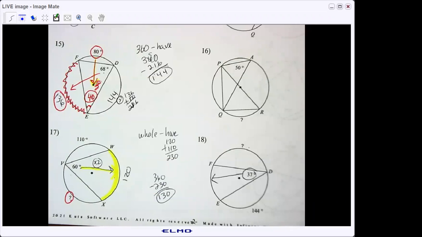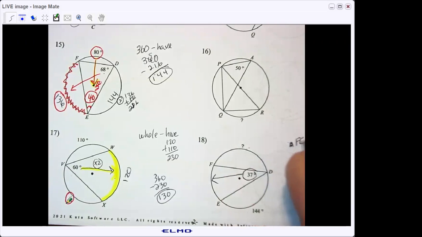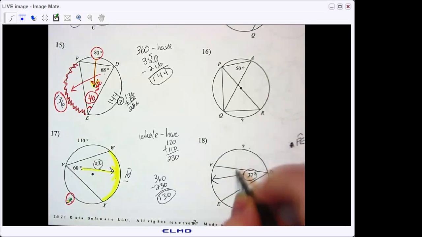Okay, good. Thank you for putting the arc in the chat box. Once you find the arc FE, remember these have names, arc FE. Arc FE is equal to 74 because we multiply by 2.